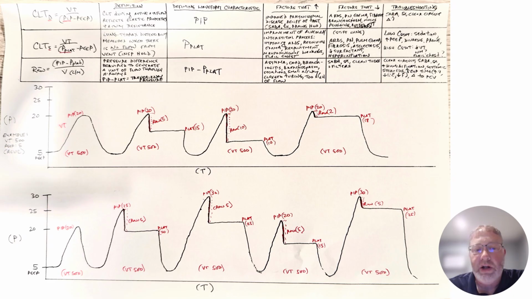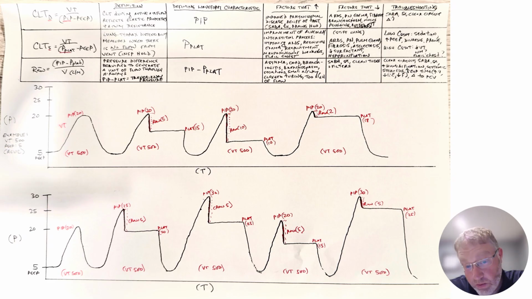So, volume over pressure: dynamic includes everything, static is just the lungs from the plateau pressure. Dynamic is PIP, static is plat.